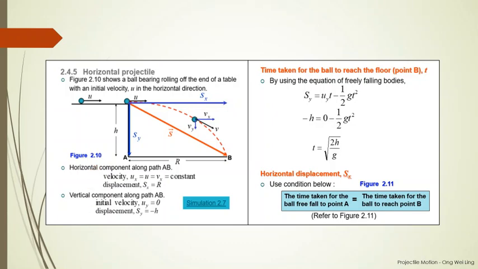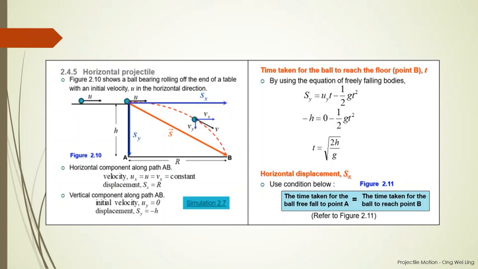The time taken for the ball to reach the floor, point B, is found using the equation Sy equals uy t minus half g t squared. Substitute Sy equals negative h and uy equals 0. At last, you can get t.